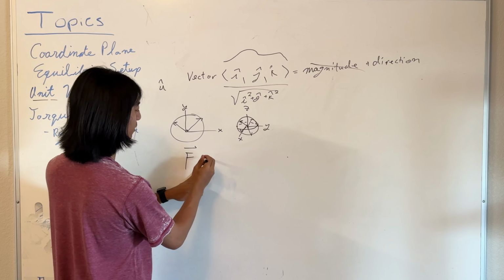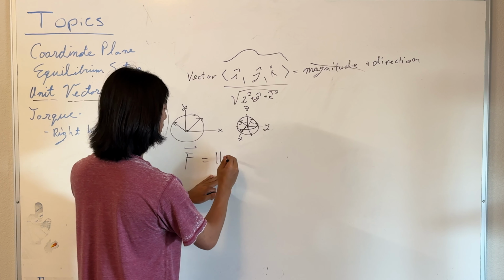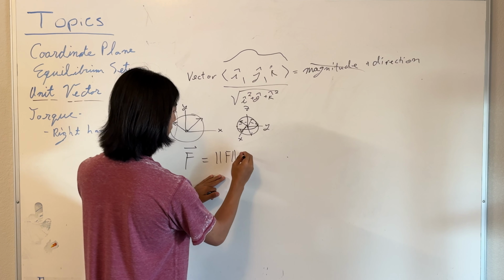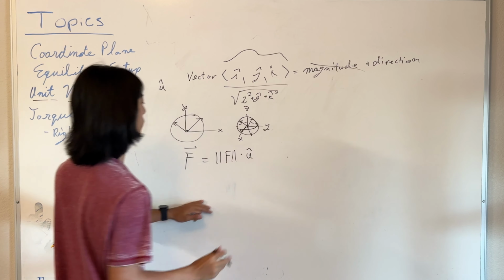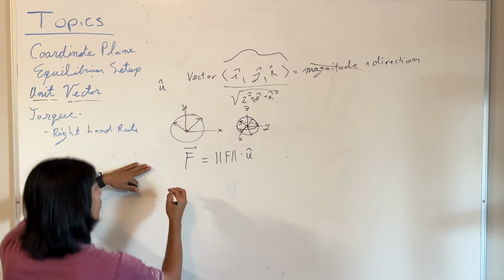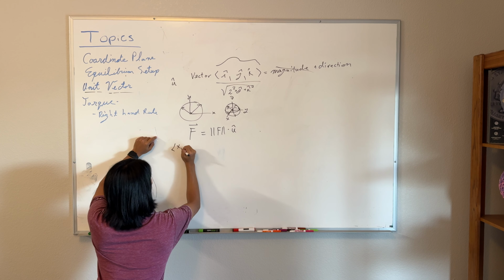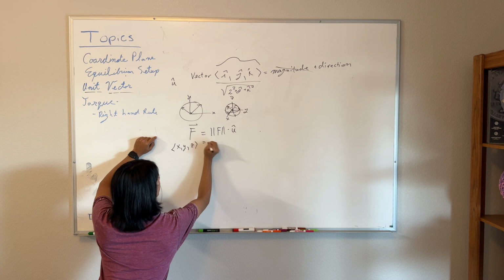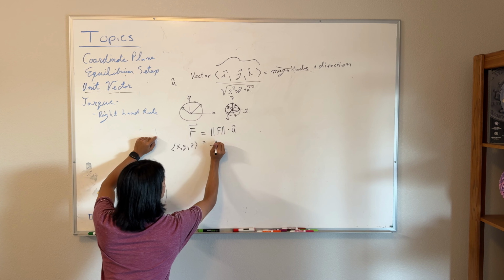This is a force vector equals a magnitude, a number of a force, times your unit vector right here, u. We'll break these into components. If you see a force vector, you're going to have an x, y, z component. Then you're going to have a singular number right here of a force.